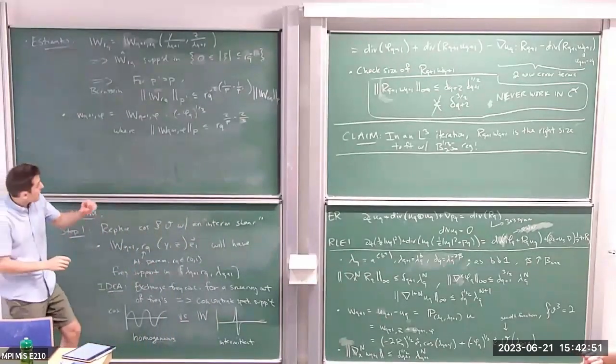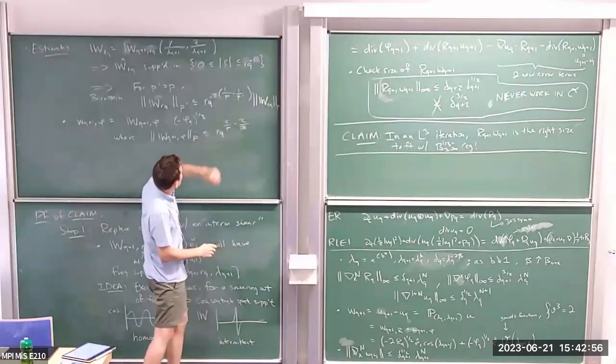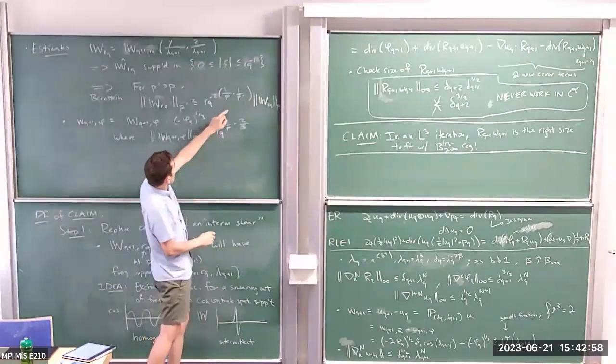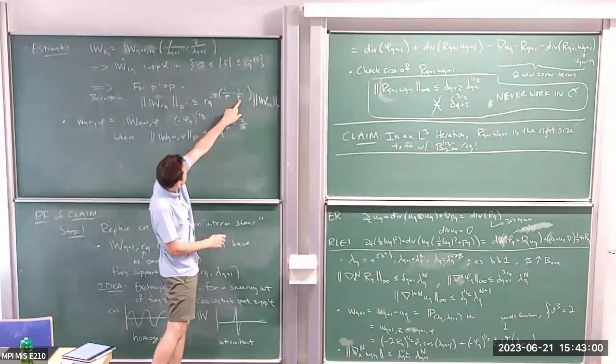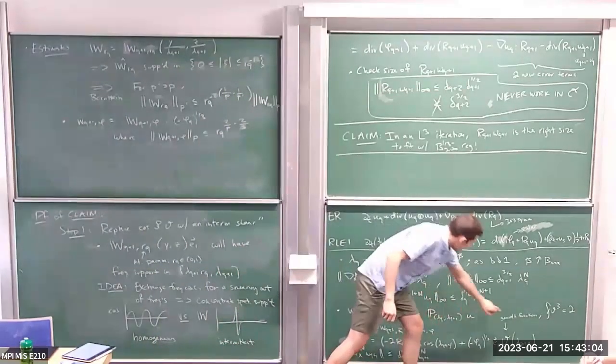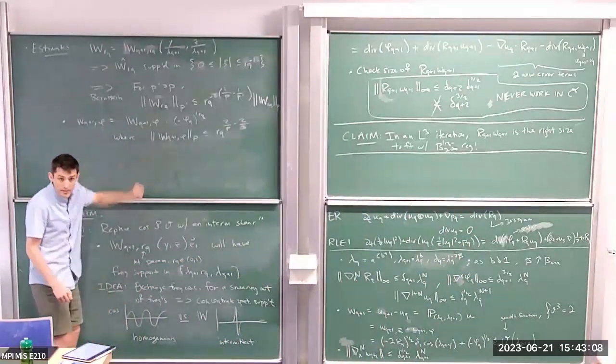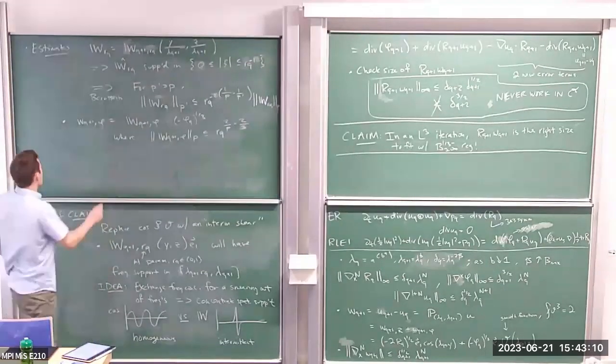And I've chosen that scaling because it's consistent with plugging in P prime equals 3, so that I have something which is normalized in L3, and this then is the estimate in effect.